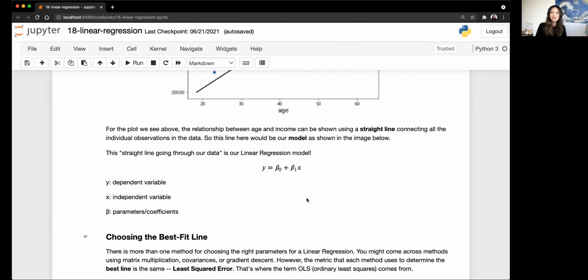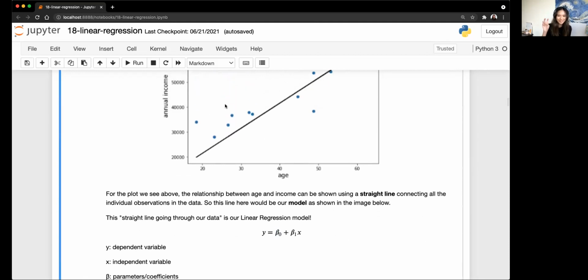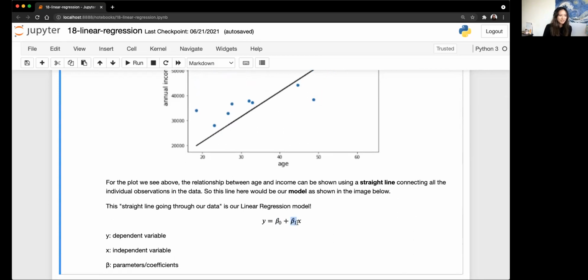So any linear regression model follows this format. If you remember from math, the equation of a line, y equals mx plus b, I think is how most people learned it. This is actually exactly the same thing. y equals beta 0, which is the y-intercept, or the plus b part that we used to have, plus beta 1 times x, and beta 1 would just be the m.